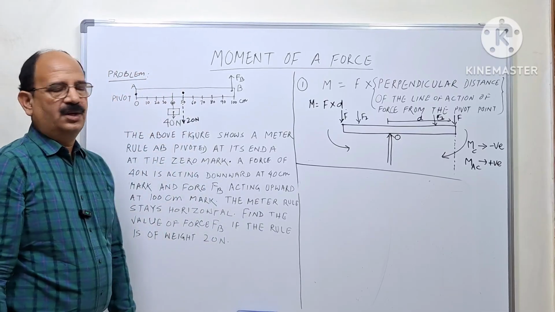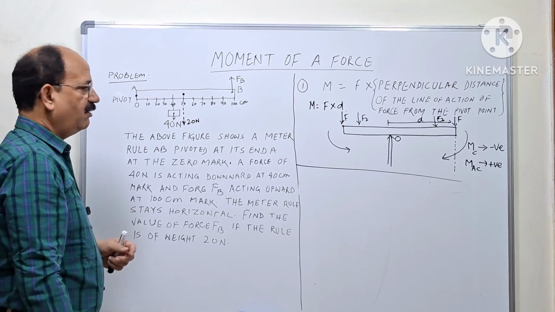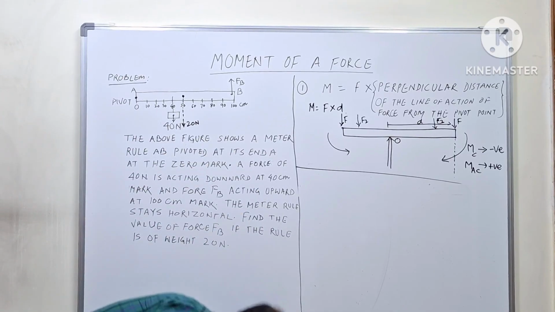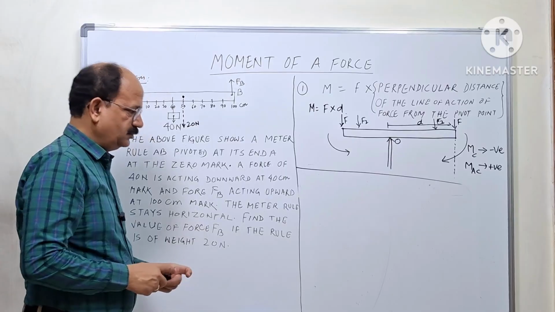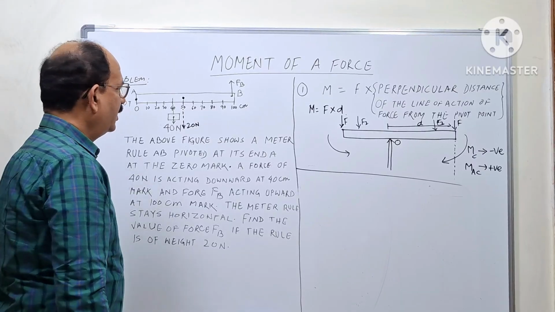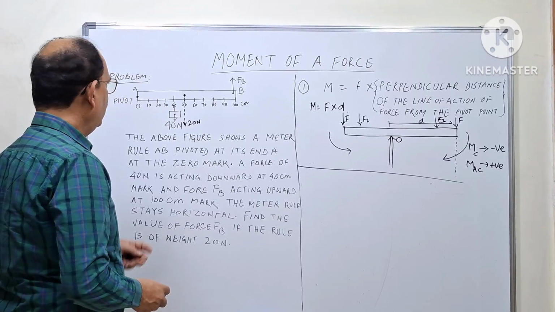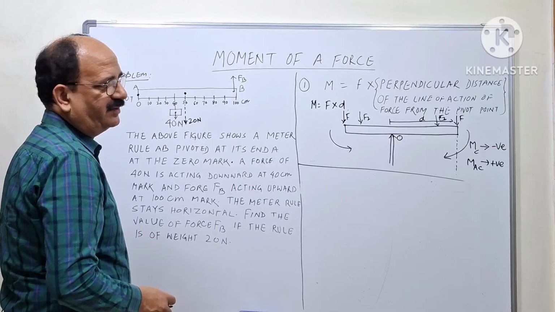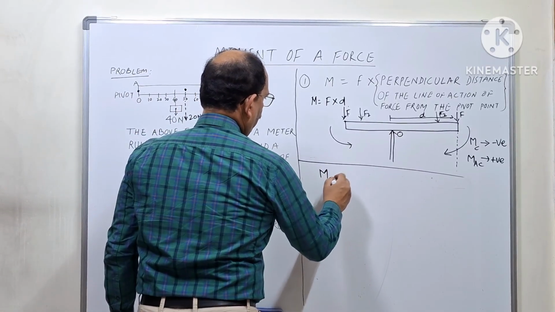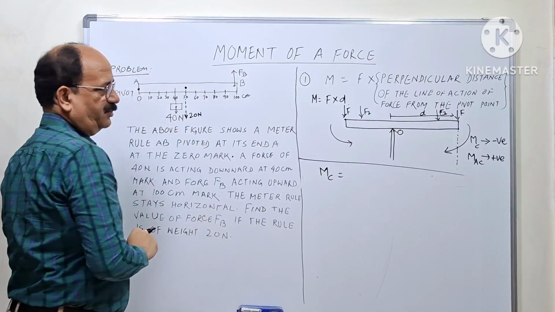Okay, so now let us try applying the principle of moment in solving this problem. So what is the total clockwise moment? See, this force is acting downward. This is a pivot point.